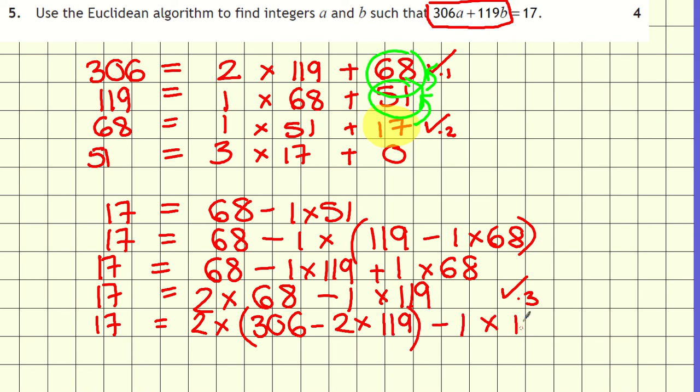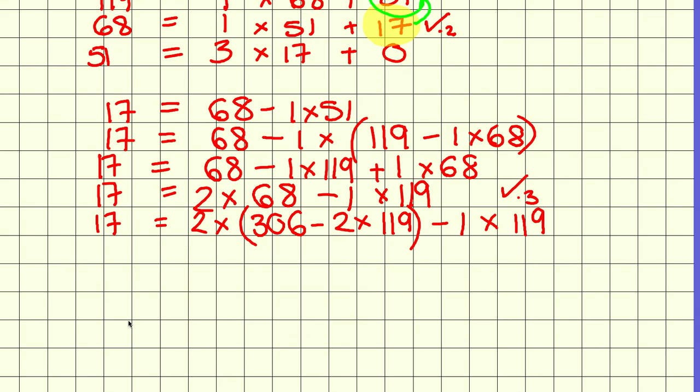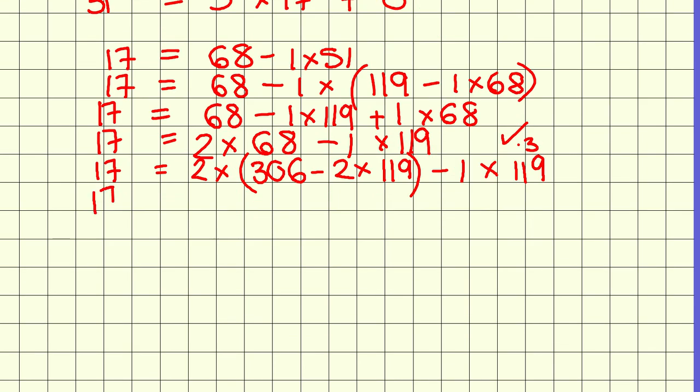Then everything else stays the same. So multiply the brackets now. So you get two lots of 306. Then you get two lots of minus two lots of that. 2 times minus 2 gives you minus 4 times 119. And you just get this bit at the end here.